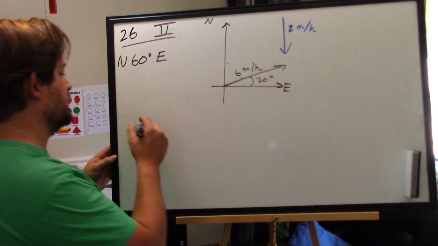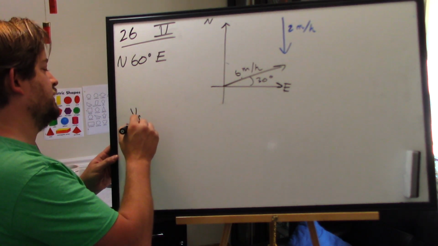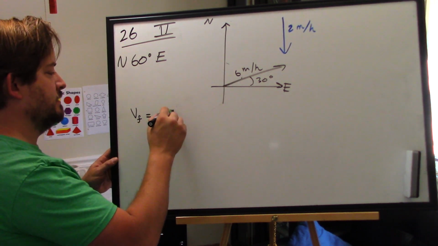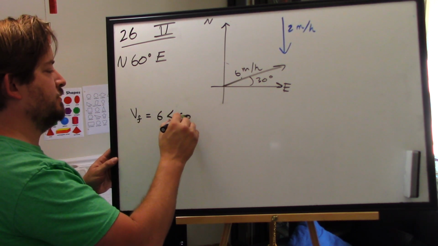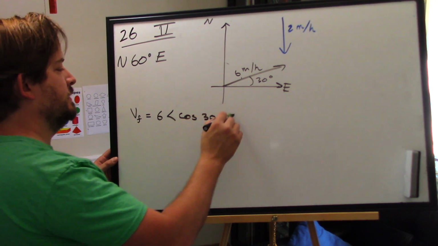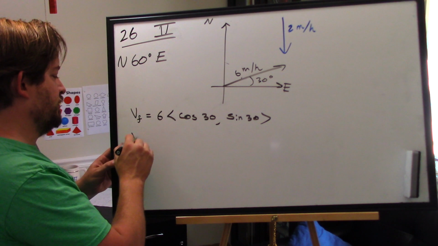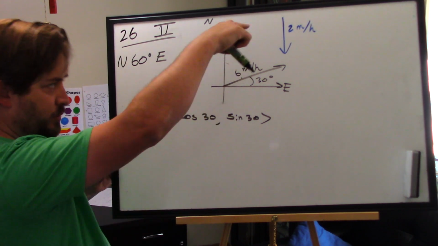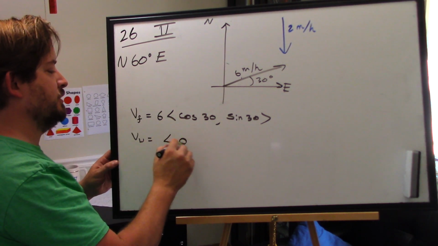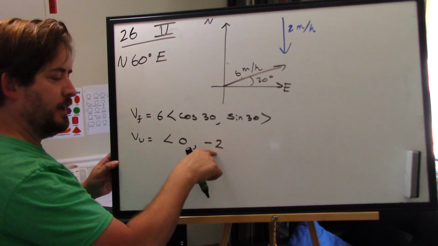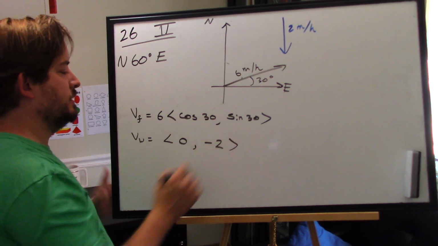And so the velocity, we have the velocity of the fish swimming, which has a magnitude of 6, so multiply that by the cosine of 30, sine of 30. And then we have the velocity of the water, which is completely in the south, so that's 0 in the x direction, and 2 in the negative y direction because it's south, right?